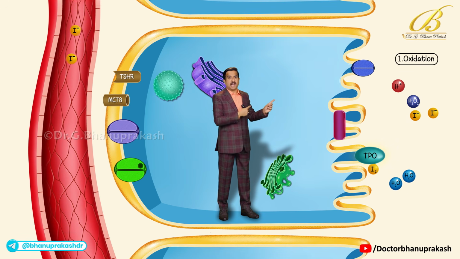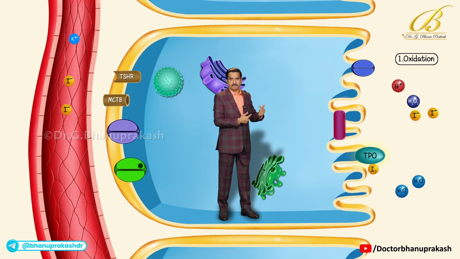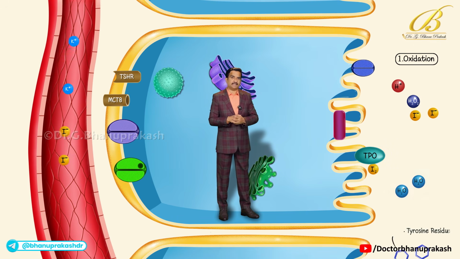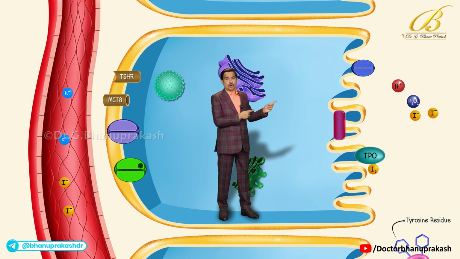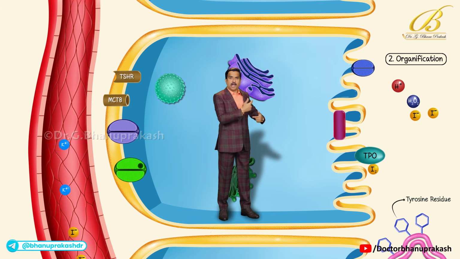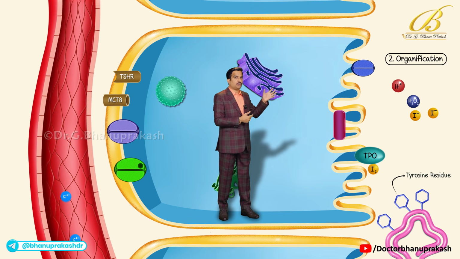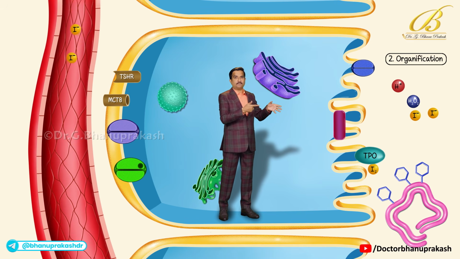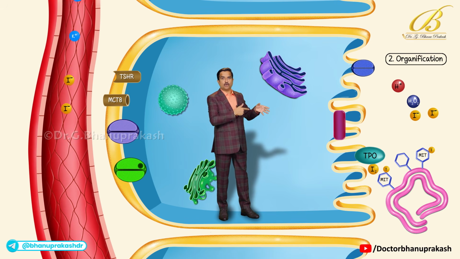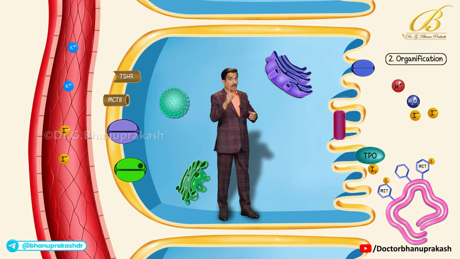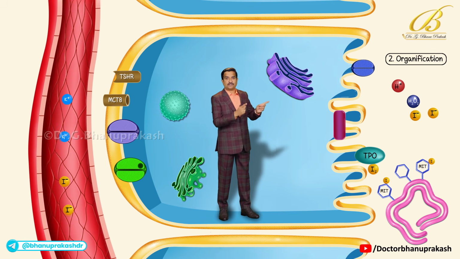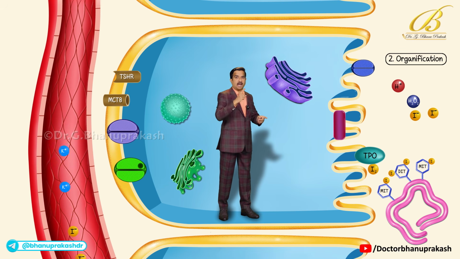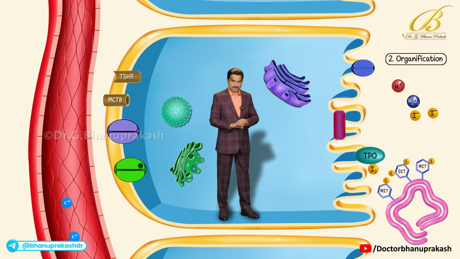It converts iodide to iodine by using hydrogen peroxide. And the next step is called organification. Iodine is covalently bound to tyrosine residues within the thyroglobulin to form MIT, which is monoiodotyrosine with one iodine. And next is DIT, which is diiodotyrosine with 2 iodines.